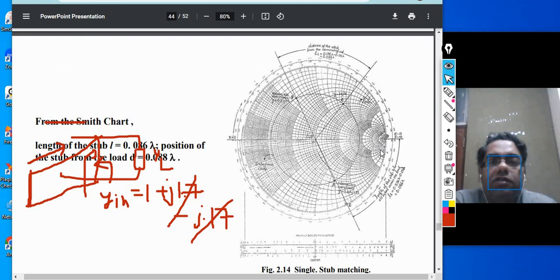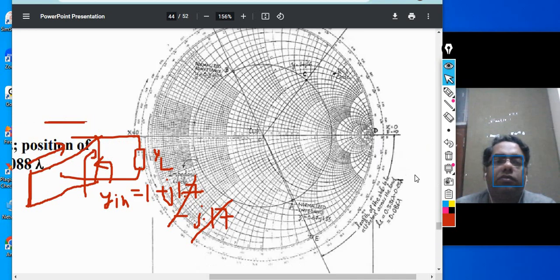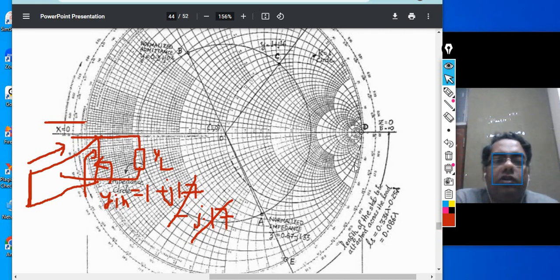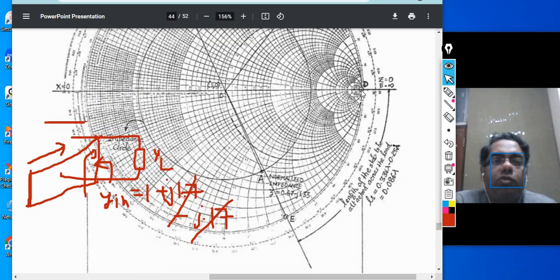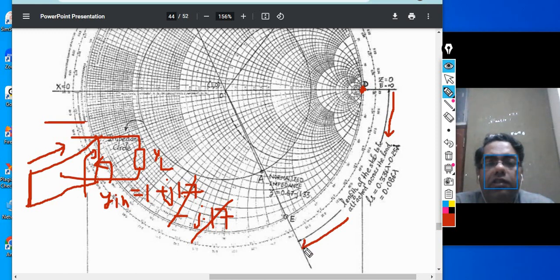We will start from this point, because for admittance this indicates short, and we will travel towards generator clockwise that length.